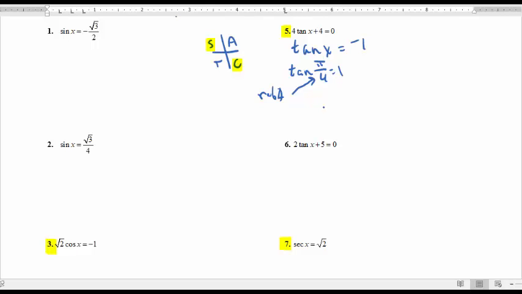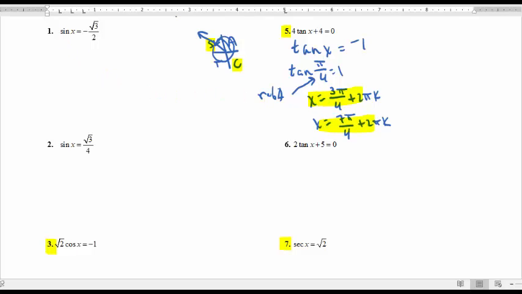So in the second quadrant, it would be 3 pi over 4, and in the fourth quadrant it would be 7 pi over 4. And then just as we did before, you get this whole wraparound idea, right? So these solutions keep appearing every 2 pi in each direction.